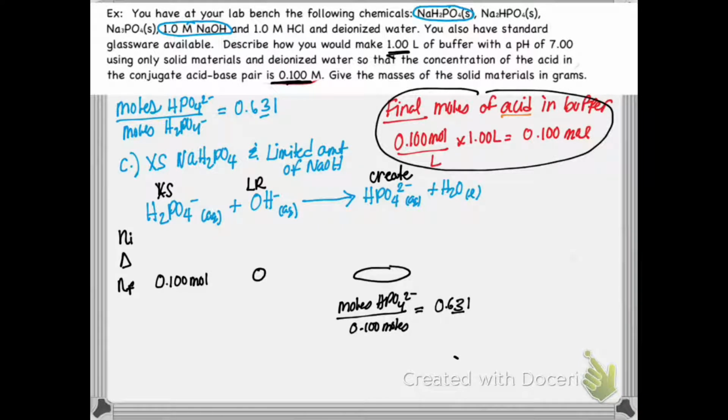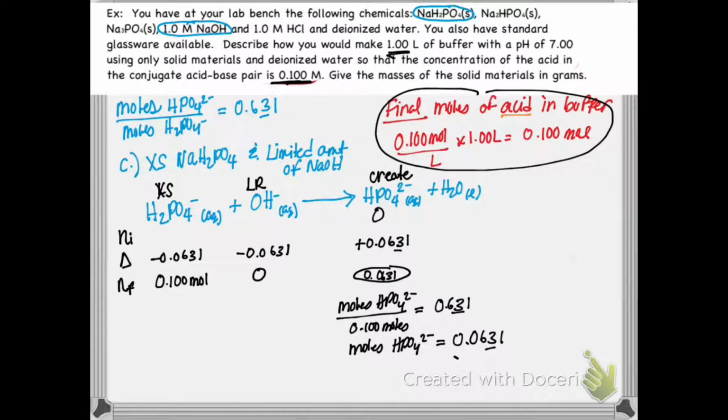It's the same calculation as the last part of this example when we mixed the components directly. So we get 0.0631 moles of the base component in the buffer to give us the correct pH. We're starting with 0, so we have to create 0.0631 moles, which means we're using up 0.0631 moles of the hydroxide and 0.0631 moles of H2PO4-.